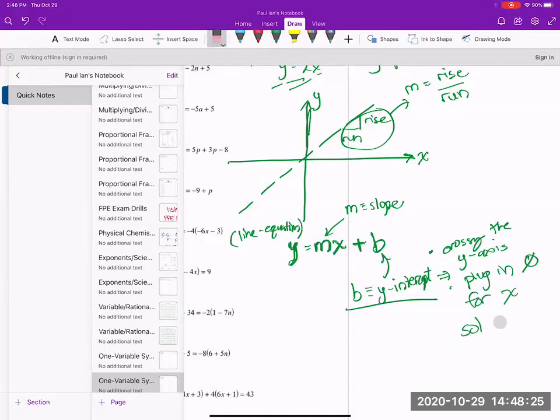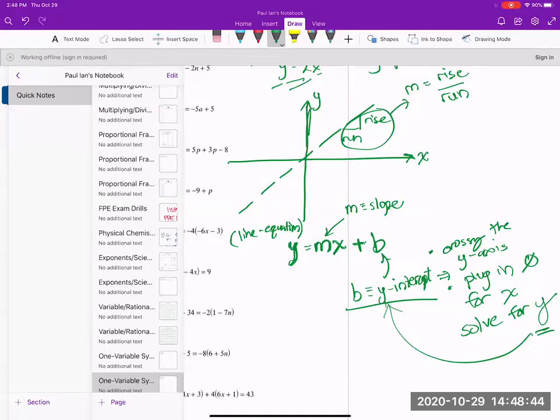What is a y-intercept? It's where the line crosses the y-axis. And how you get it is you plug in 0 for x and solve for y. And then that y is the y-intercept. Does that make sense?